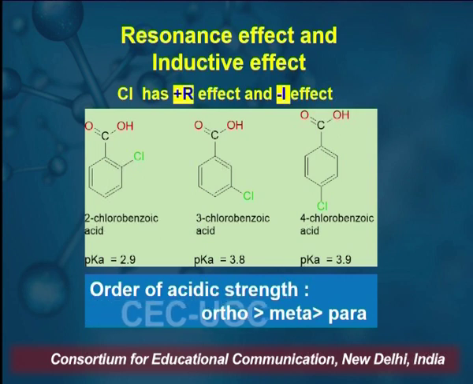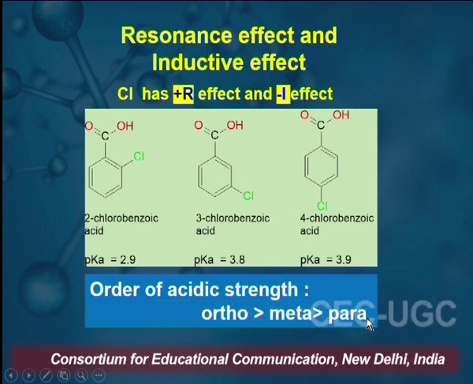So, the governing factor in this case is the minus I effect of the chlorine. Now, the minus inductive effect is observed maximum at ortho followed by meta and para. So, the order of acidic strength will be: ortho will be more acidic than meta, and meta will be more acidic than parachlorobenzoic acid.